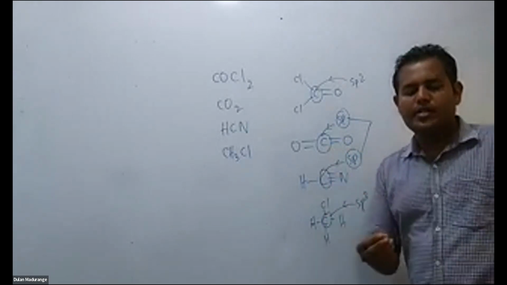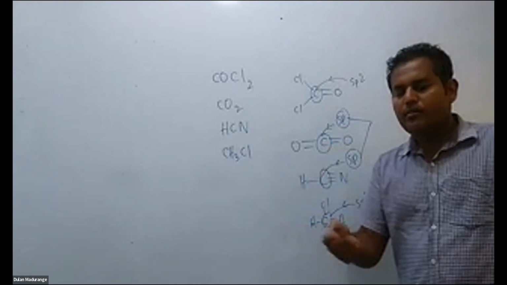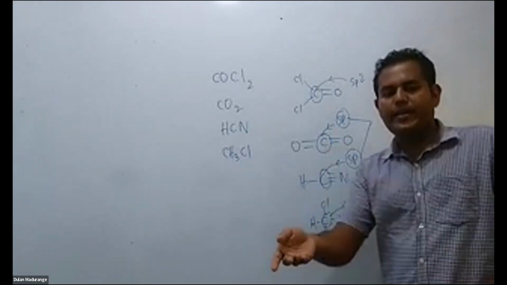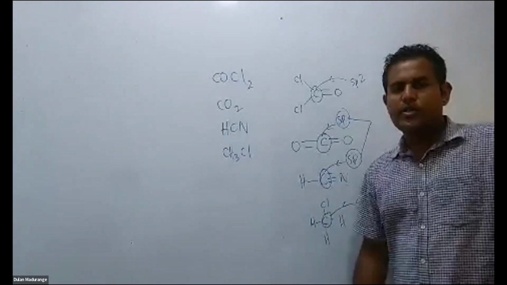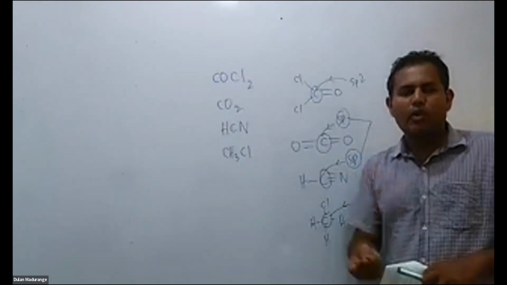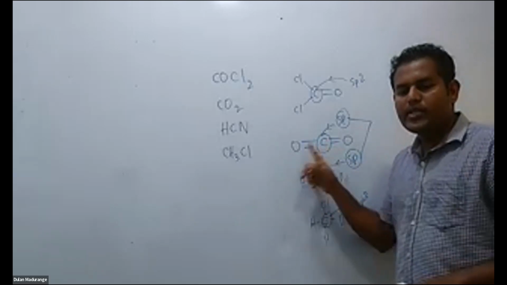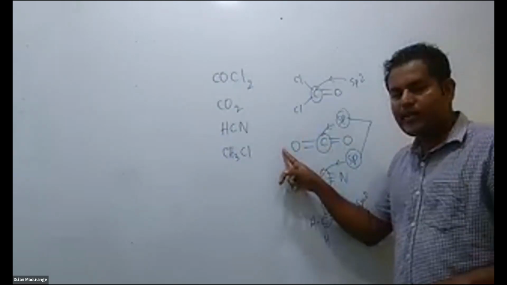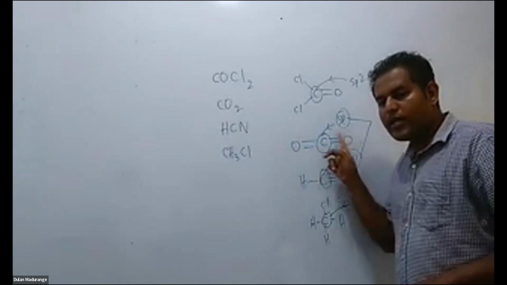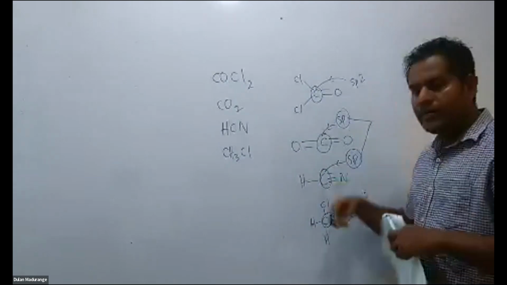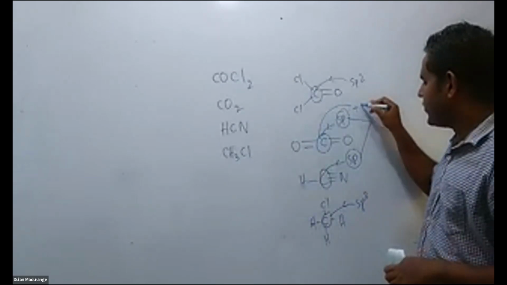Which one is highest? Check the next factor, charge. But unfortunately, the charge of the central atom is the same. Then check the next factor. That is oxidation number. So how to consider the oxidation number? It is electron flow. Carbon to oxygen: one electron is given out, another electron is given out, another electron is given out. Likewise, how many electrons will be given out? Okay. 4 electrons will be moving out. So the oxidation number of carbon is +4.